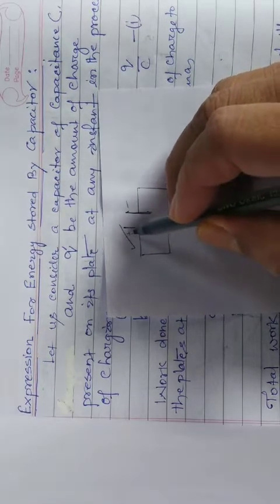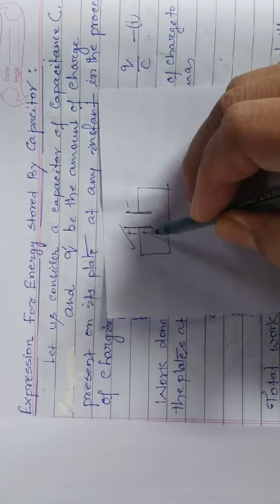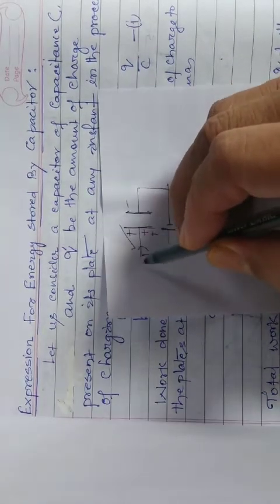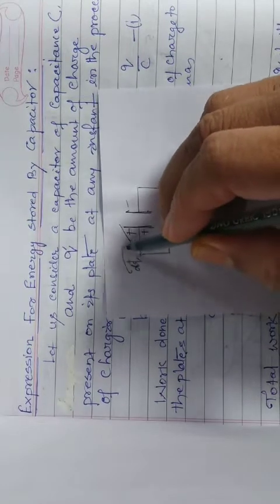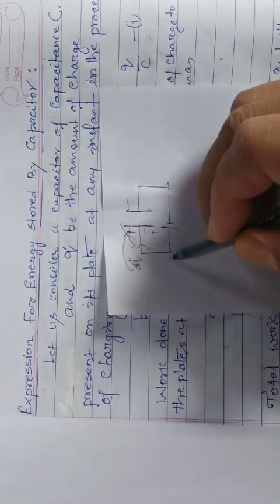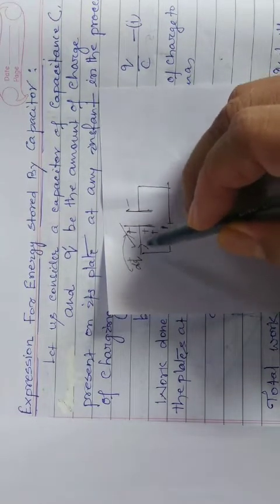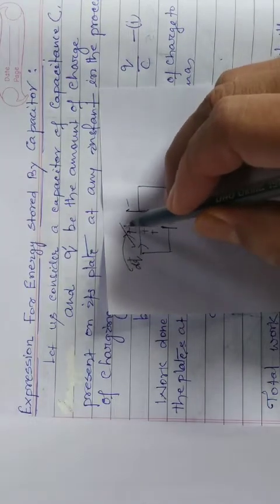For example, if this plate has been transferred positive charge and we have to transfer say dq amount of positive charge again to these plates of the capacitor, then work has to be done.